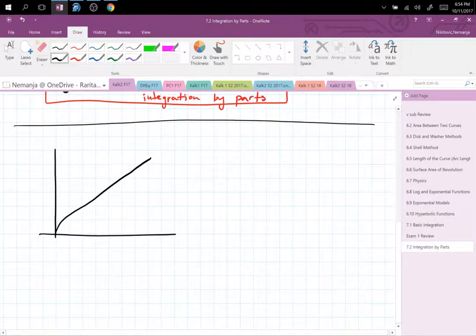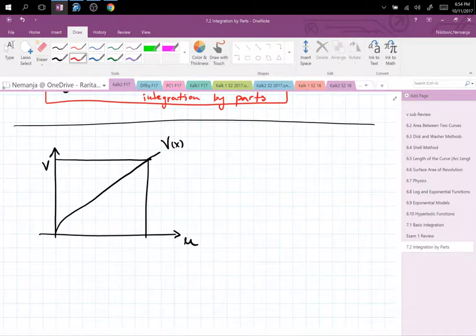Say you have some function in the UV coordinate system, and say you are looking to integrate this. So this is the function v of x, right? Observe that you have area 1 and area 2.